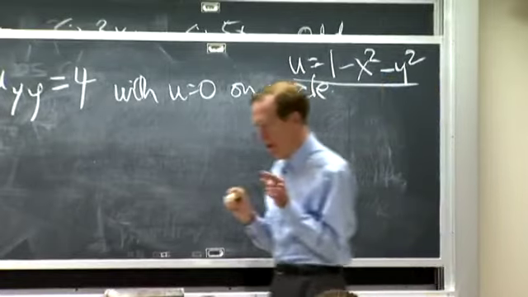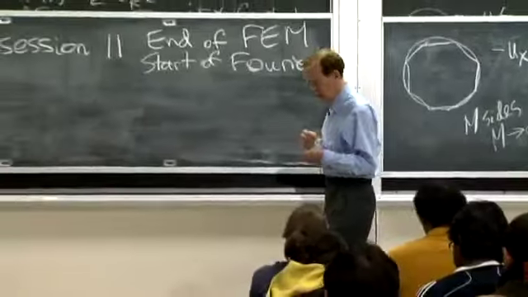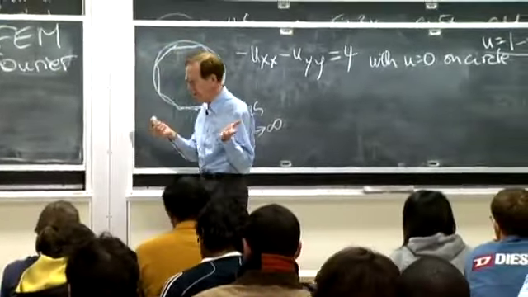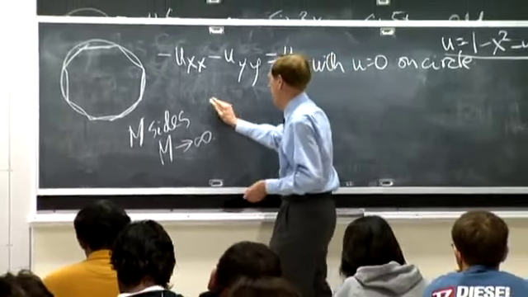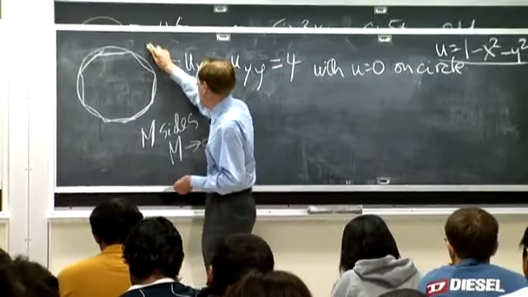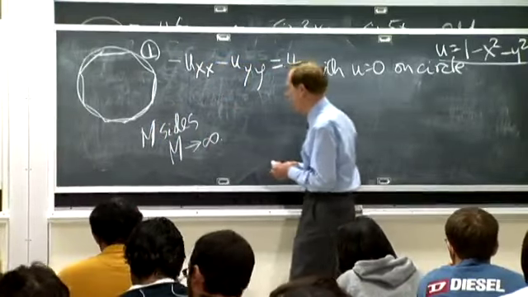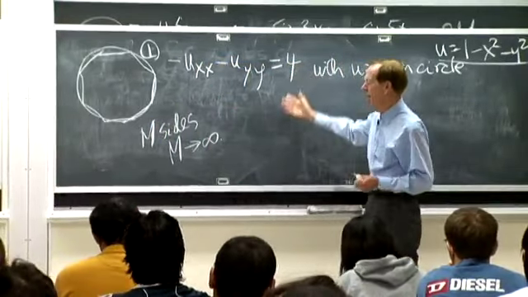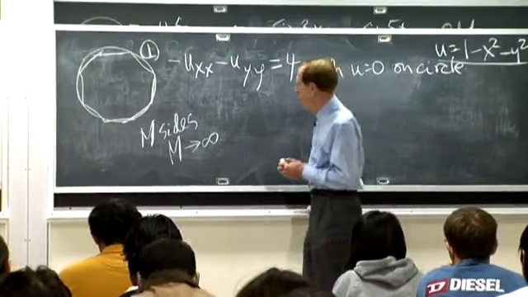Maybe I could also tell you about the second problem that I'm interested in, because it hasn't come up in class, but it's very important too. It would be the eigenvalue problem. Problem number 1 is the steady state problem, when you've got a source and you want to find the temperature distribution.